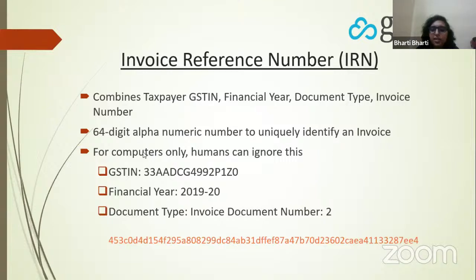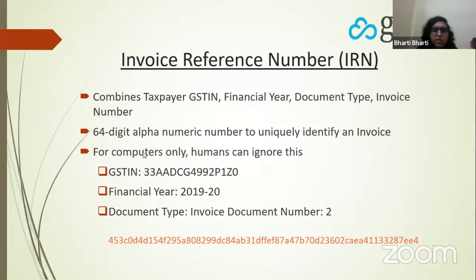This is unique. Nobody can read this. It is just a way to identify an e-invoice. It is a 64-digit alphanumeric number to identify an invoice, for computers only, humans can ignore this.